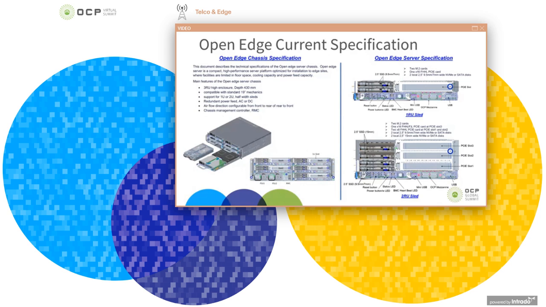So with that said, what is the current OpenEDGE specification? Well, it was a very well-defined solution that was intended to go into some of these edge challenge locations where you may fight with rack space, particularly depth is a real challenge for some of these locations because they've been defined to be able to be placed into really constrained environments.